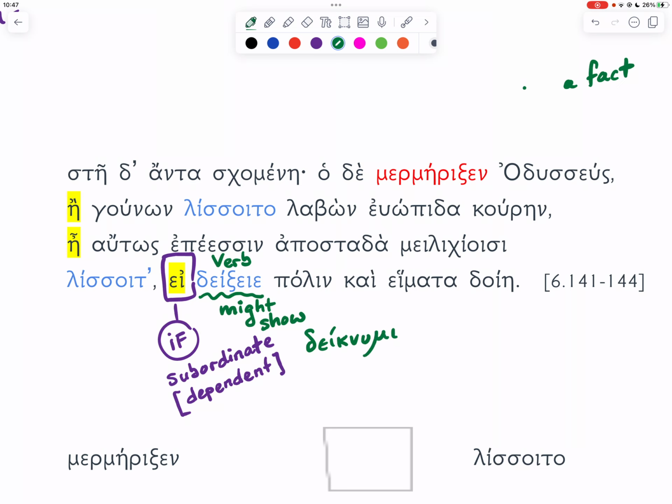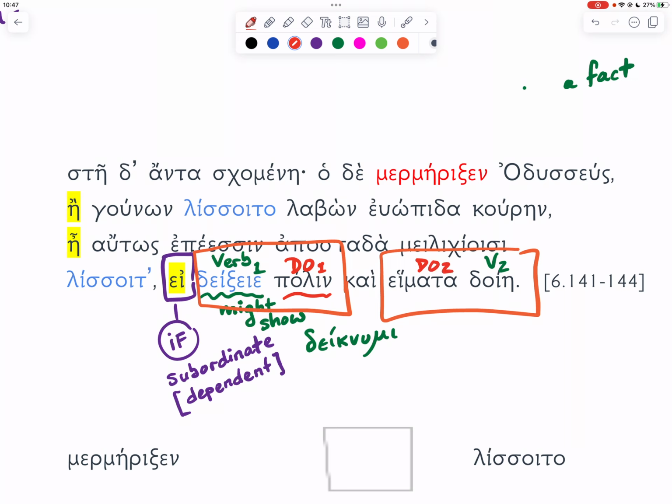If she might show him her direct object 1, her city. So verb 1, if she might show him her city, and this is going to be one phrase. And if she might, here's phrase number 2. So I have verb 2, and I have direct object number 2.